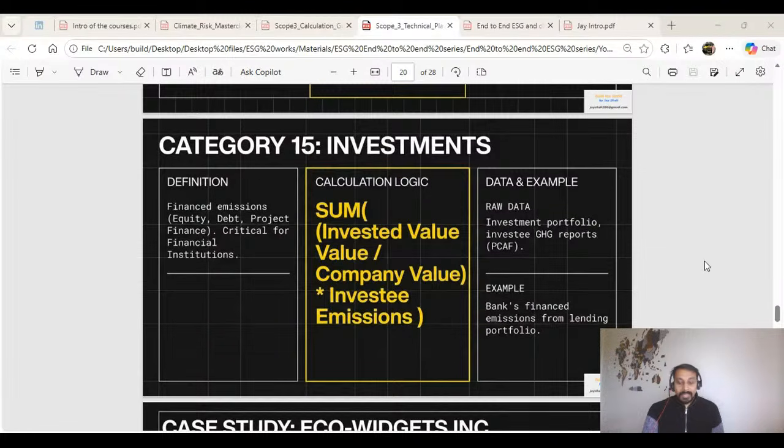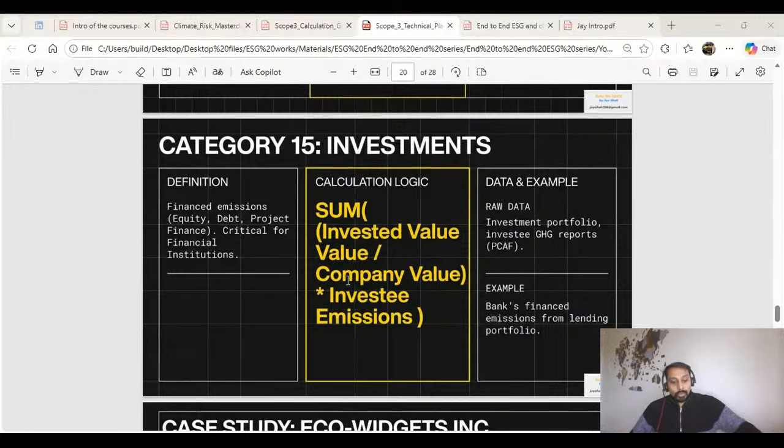Category 15, again, is investments. So this part covers the financial services. If you are in a big asset management company, how does it work for any kind of investment in terms of financed emissions? If you work at Invesco or HDFC or Kotak or any kind of asset management company, financial service, or any kind of bank like Lloyds, then you are giving loans to various manufacturing units, various corporate companies, various governments.